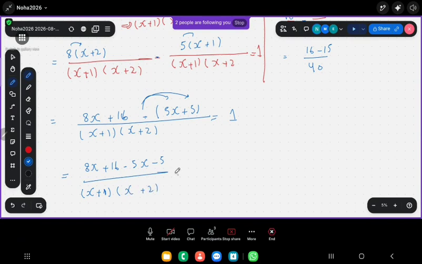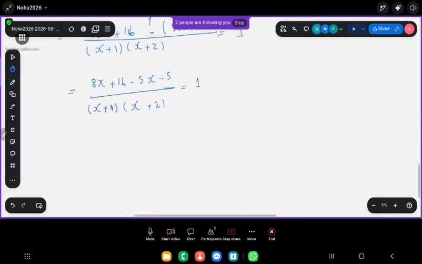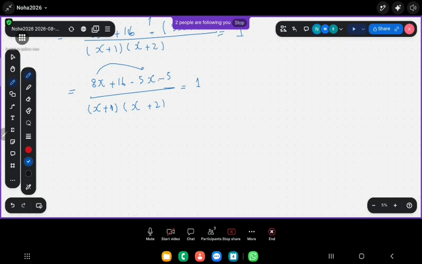I didn't change it. All of that equals 1. Then what is the next step? Yeah, deal with the like terms. 8x minus 5x is 3x. Plus 16 minus 5 is plus 11. All of that over the denominator x plus 1 multiplied by x plus 2, equal 1. So what is my next step?